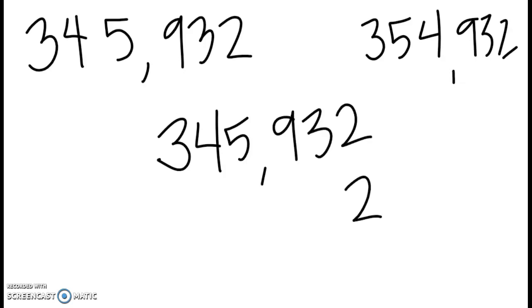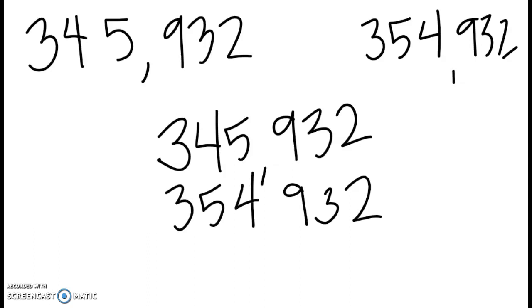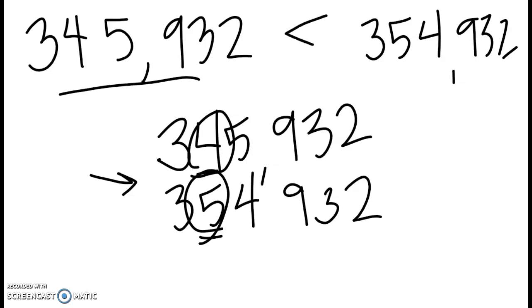Now, actually, I'm going to start from this side because I want to make sure that I do it correctly. Okay, so start from the left side. When we compare, 3 is the same. 4 and 5. Which one's less, which one's greater? 4 is less than 5. So this first number is less than that second number.